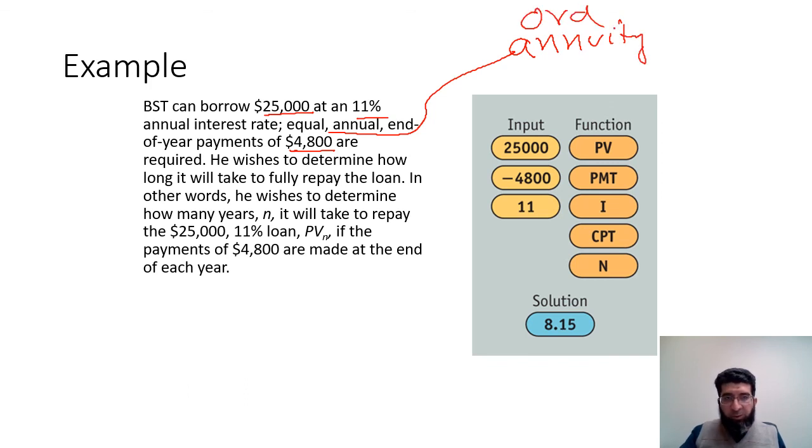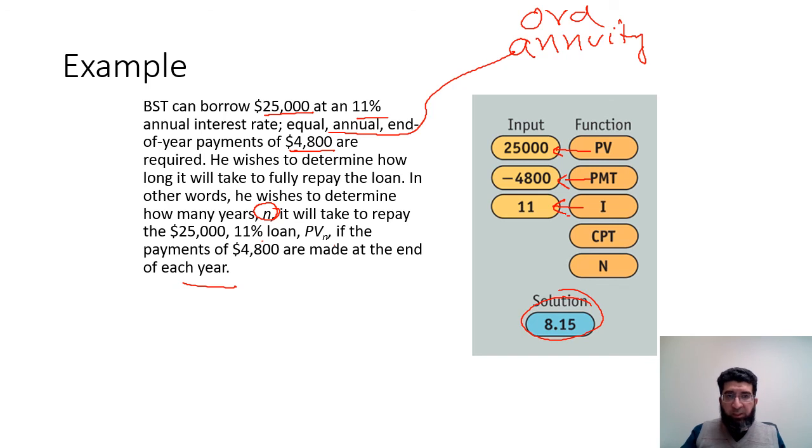In other words, how many years n will it take to repay the 25,000, 11% loan PV if payments of 4,800 are made at the end of each year. Present value is 25,000, payments are 4,800, and I is 11%, and we see that it takes 8.8 years to repay the $25,000 loan.